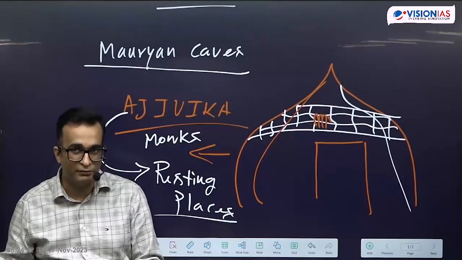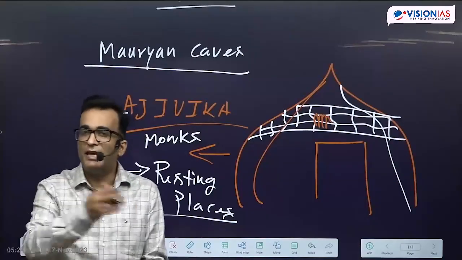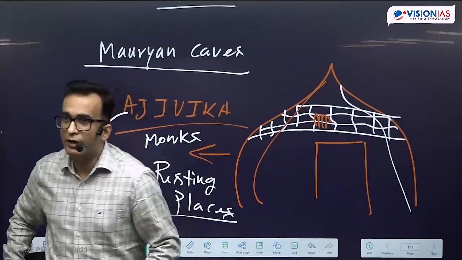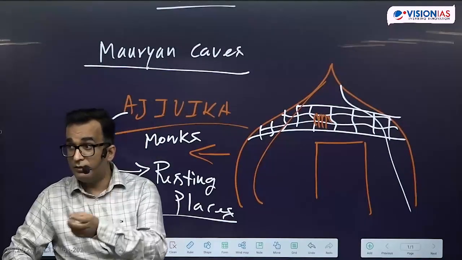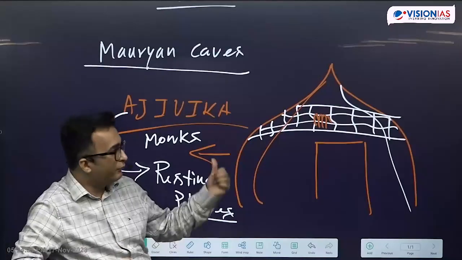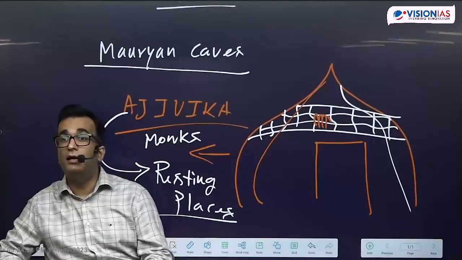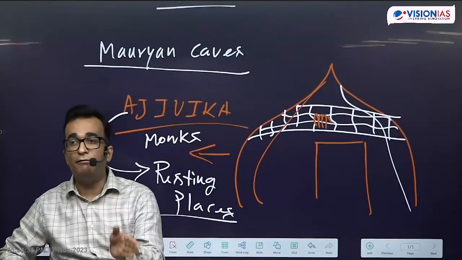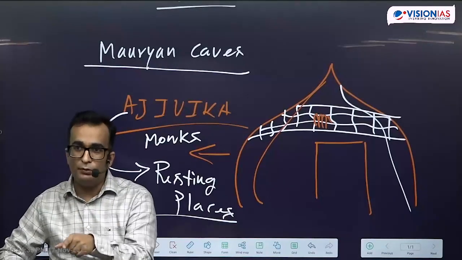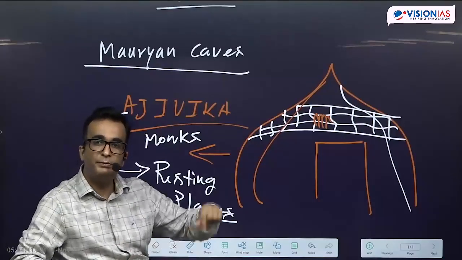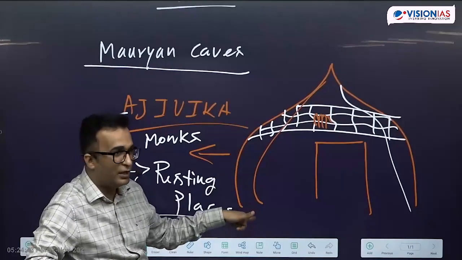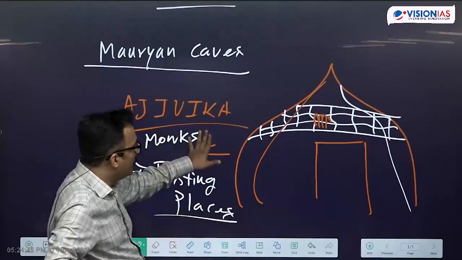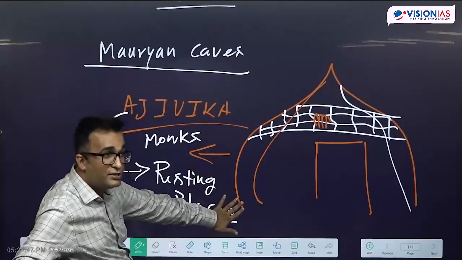After that, there were no more practitioners of the Ajivika. So that's what we were saying, that the son of Chandragupta Maurya was Bindusar. Bindusar was a follower of Ajivika, and so was his son Asoka. And when Asoka accepted Buddhism, he left his previous status as an Ajivika. So initially these caves were created for the Ajivika monks.